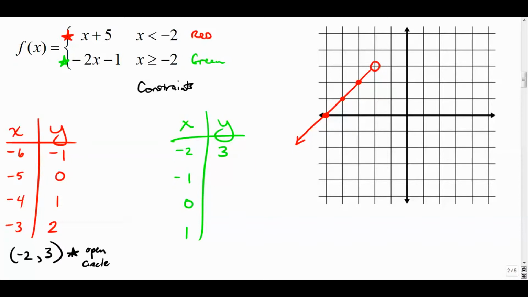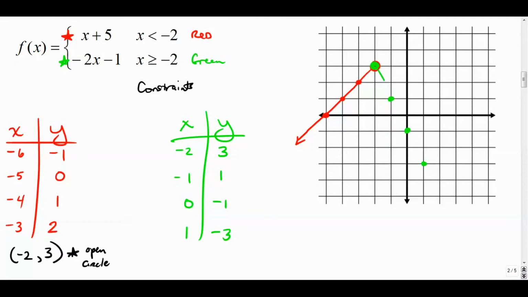Plug -1 in that green function, and you get +1. Plug 0 in, you get -1. Plug 1 in, you get -3. So plot those. These are all closed dots. -2, 3. Well, that happens to reside right on the other one, so I'll fill that in. -1, 1, 0, -1, and 1, -3.